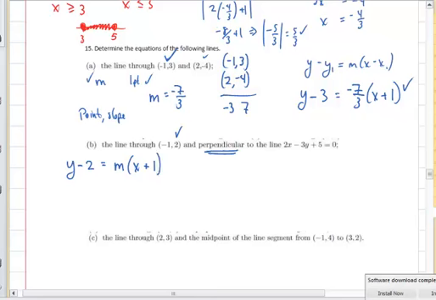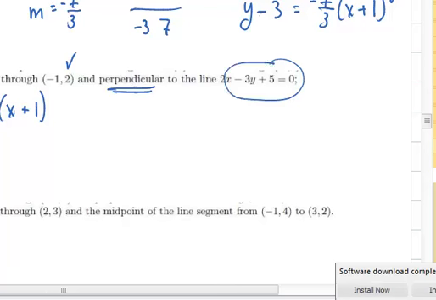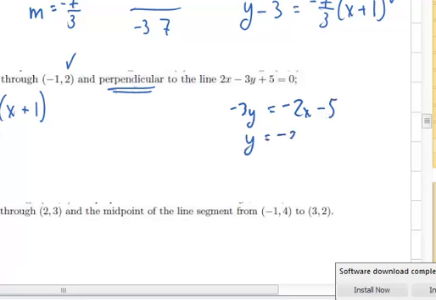That's the start for my equation, but this has got to be perpendicular to this line. So I'm going to solve this equation: -3y equals -2x minus 5, and when I divide by -3, I'll get positive 2/3 x plus 5/3. So that's what I'm interested in.